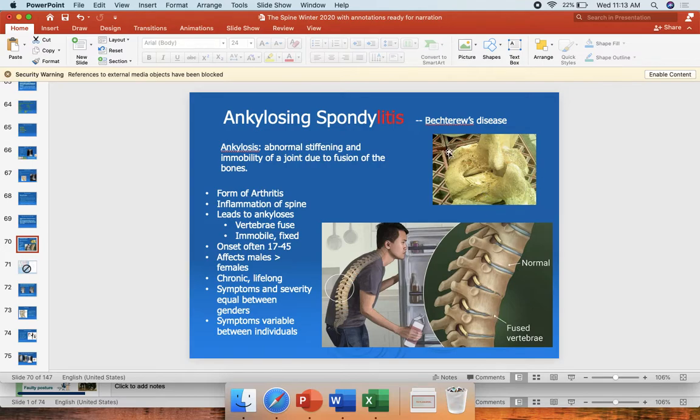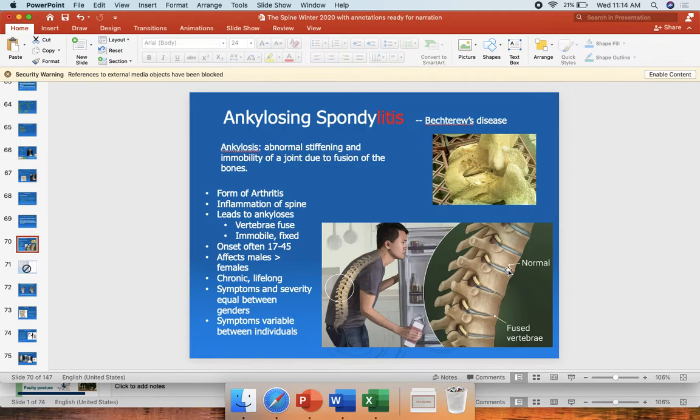You can see this is an actual bone that has gone through ankylosing spondylitis, where the bones have actually fused together. You can imagine the results of this type of scenario. You're going to end up with an individual that is constantly in flexion. Think about our grades here, grade 1, 2, 3. This is not something that will be able to be fixed by exercise. No matter how much or how often this person practices their back extensions, this bone is now a solid bone.